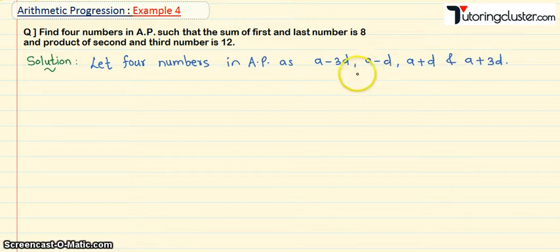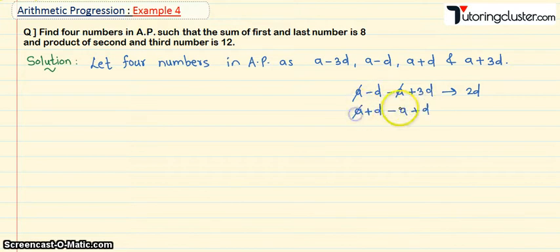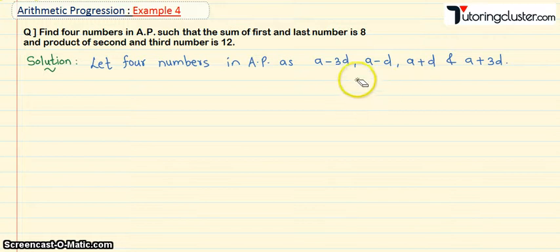If you take the difference: a minus d minus a minus 3d, a cancels, difference is 2d. Similarly a plus d minus a minus d, a and a cancel, again difference is 2d. So the difference is common. Whatever numbers you are assuming, those are in AP.